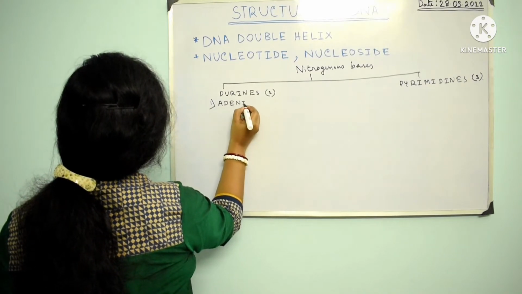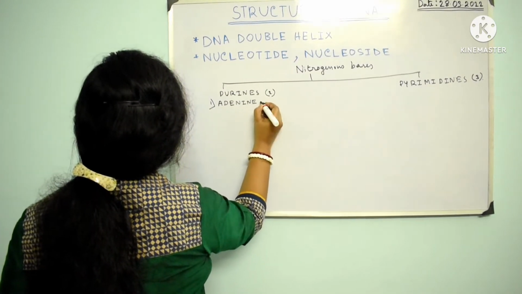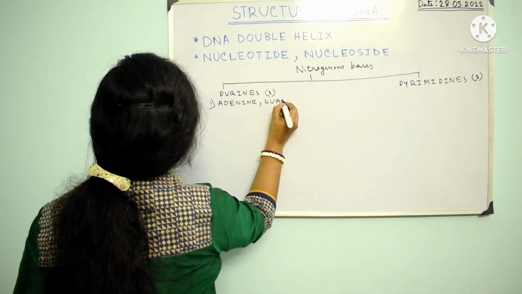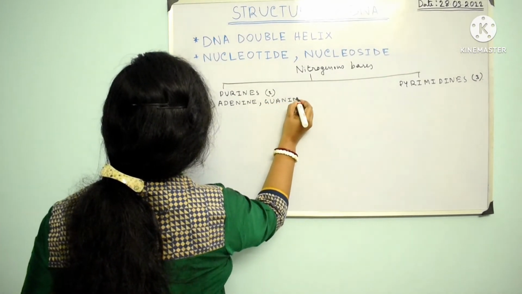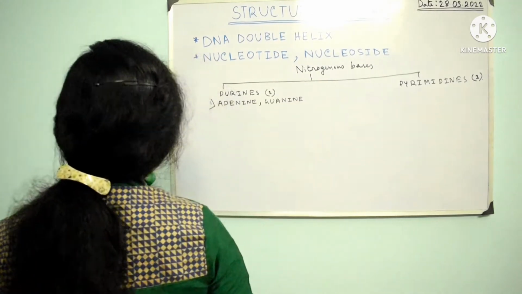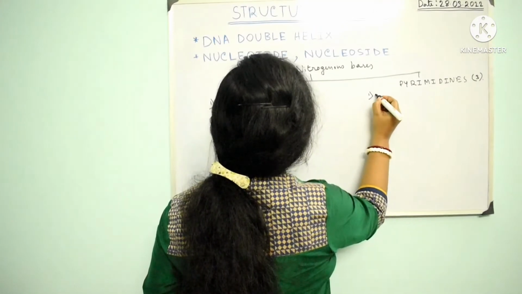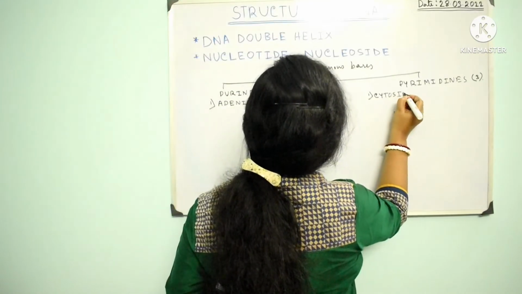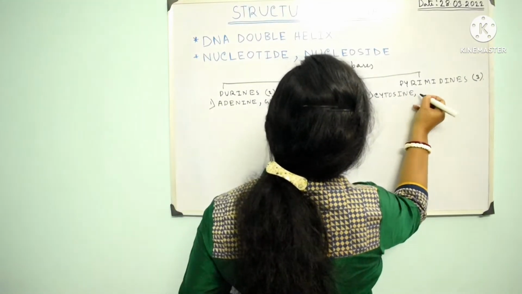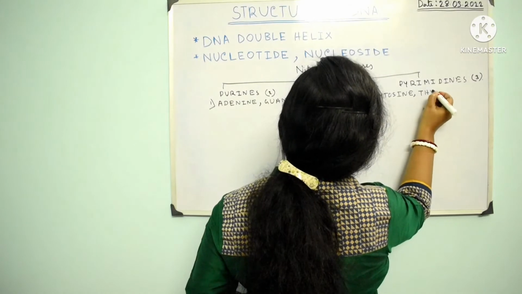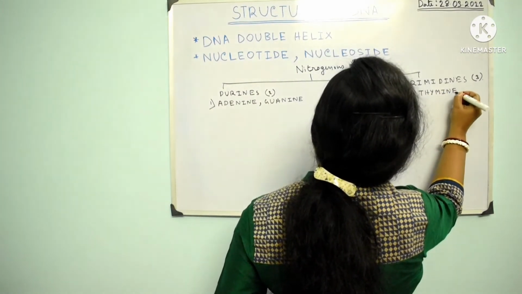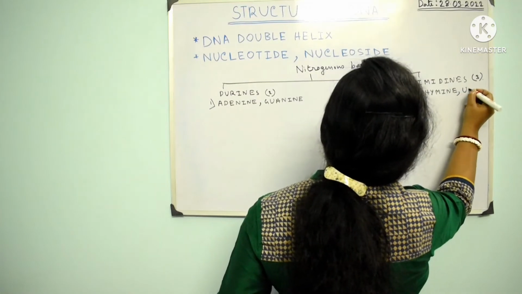Two types of purine are adenine and guanine, and cytosine, thymine, and in RNA uracil.